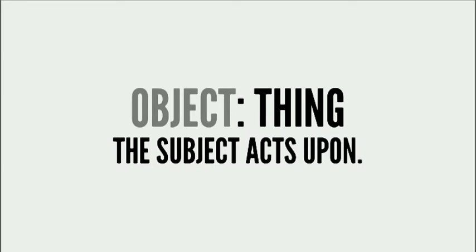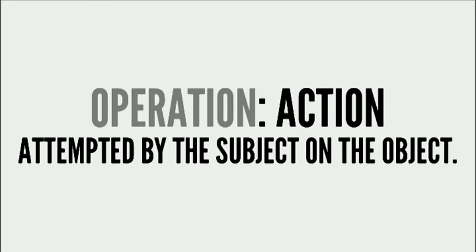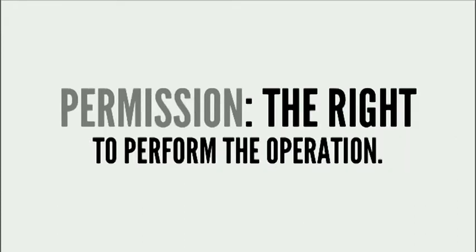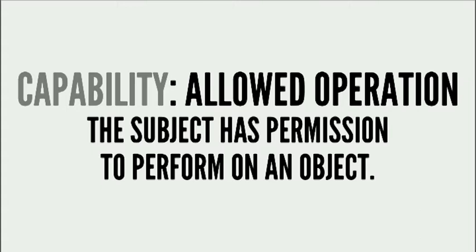An object is a thing that the subject acts upon. An operation is the action attempted by the subject on the object. Permission is the right to perform the operation. And capabilities, then, are those allowed operations that the subject has permission to perform on an object.